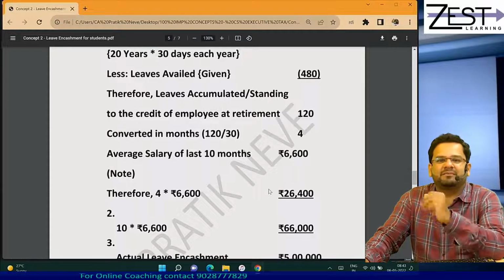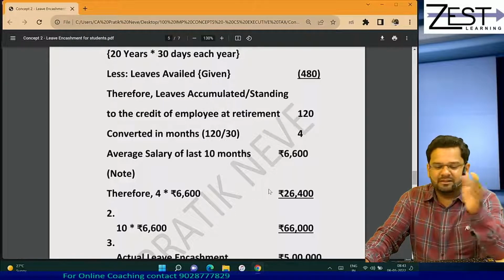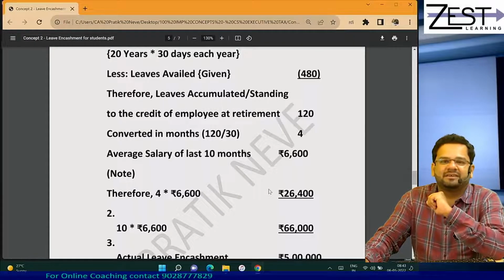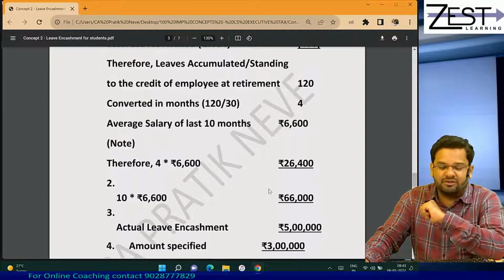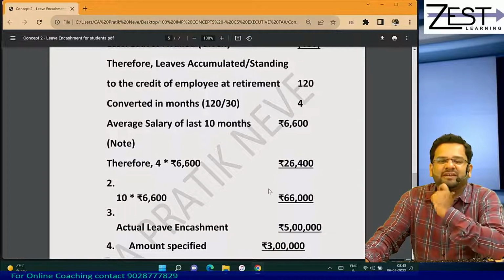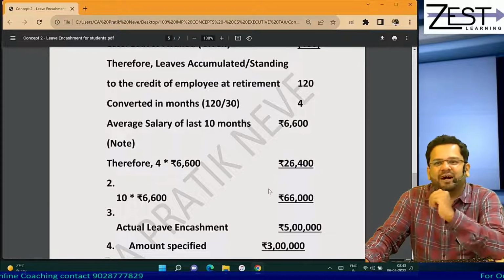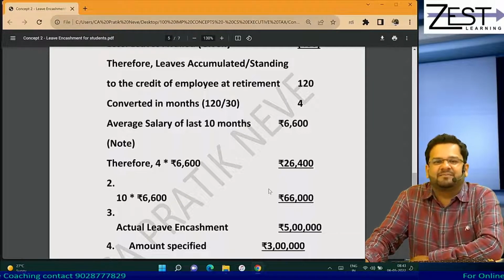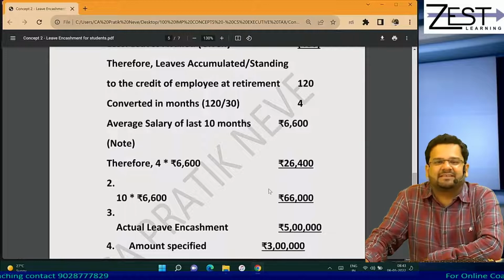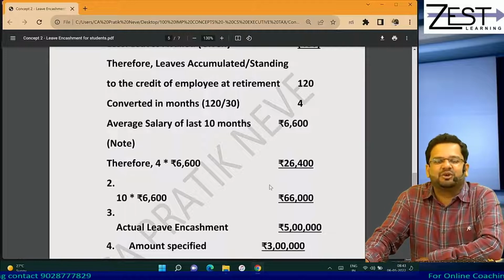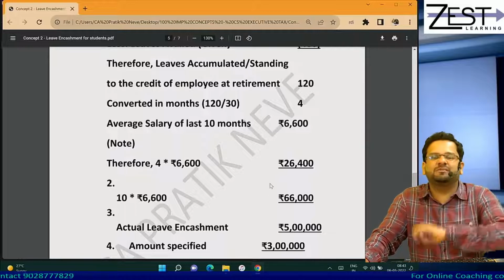The second step, though, is simple: 10 multiplied by this average salary. So 10 multiplied by 6,600, which will be 66,000. Third figure, actual leave encashment given as 5 lakh. Fourth figure, the amount specified in the Act, that is rupees 3 lakhs. So out of these 4, the least will be exempt.